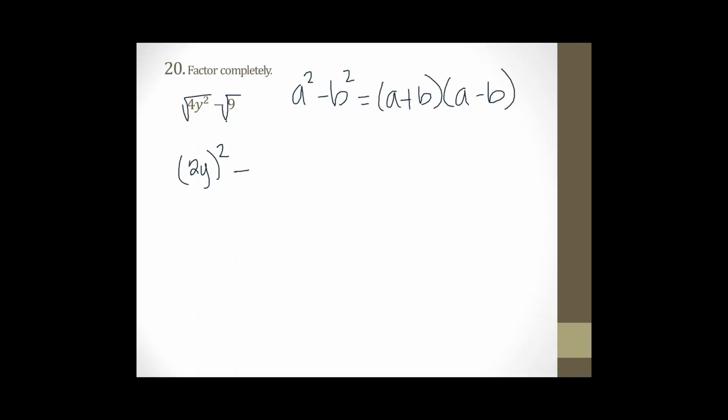And the square root of 9 is 3. So that's 3 squared, which equals 9. So now I can see very clearly that 2y is my A and 3 is my B. So to factor this out, I would say 2y plus 3 times 2y minus 3. And I am done factoring.